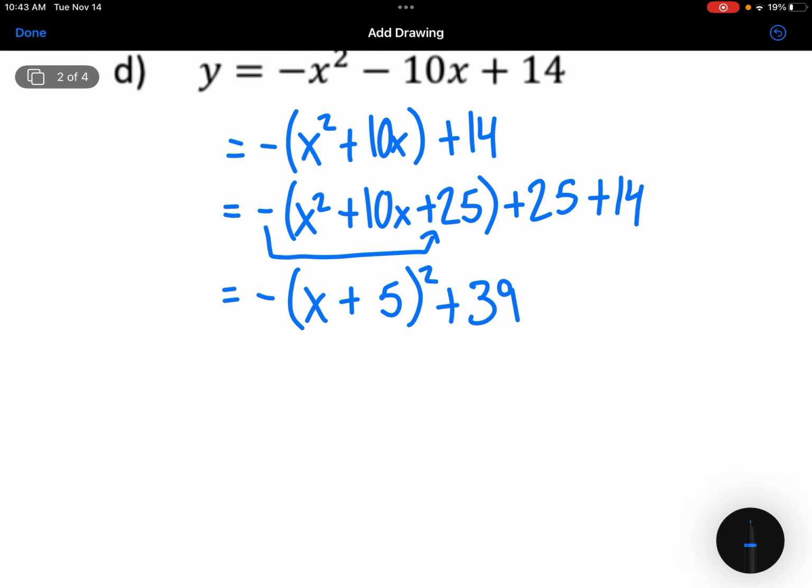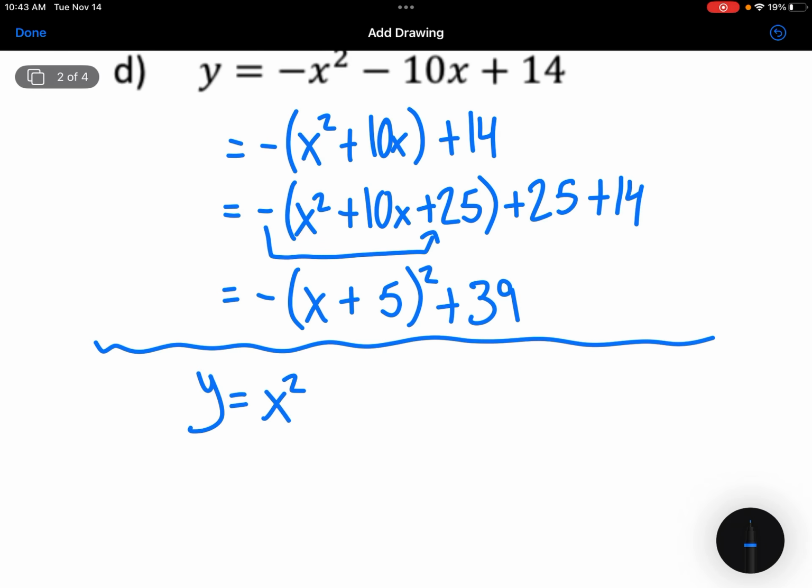Now, if I had that exact same one, this is kind of the most basic one. So if I had something like this, y equals x squared minus 10x plus 14, when I'm going through this, I'm factoring out the a. I've got x squared minus 10x.